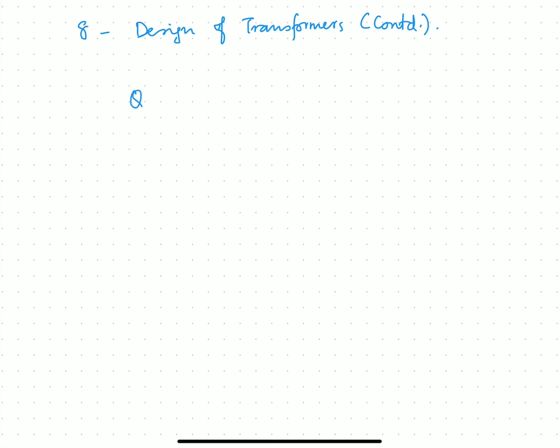You know that the output Q in terms of kVA of a three-phase transformer is 3 V phase I phase into 10 to the power minus 3, or you can also write this as 3 Vs Is into 10 to the power minus 3.